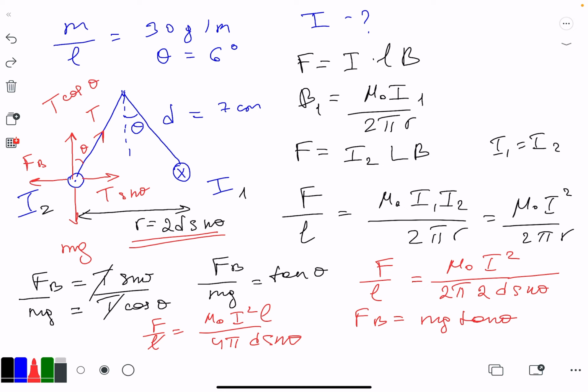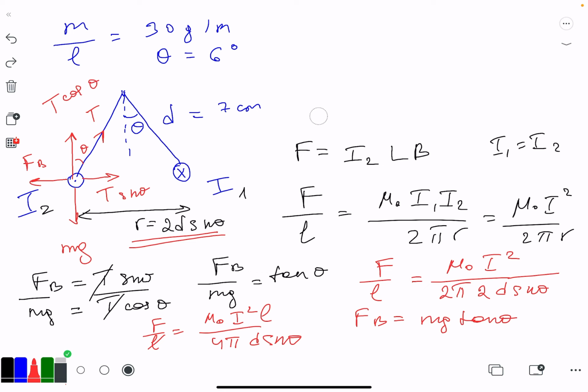So if we equalize both of them, then what may we get? So let me clean up this place. Okay guys, if I do that, mg tangent theta, which is FB, will be equal to mu naught current squared L divided by 4 pi d sine theta, correct?